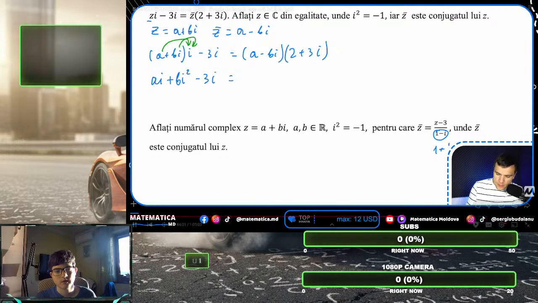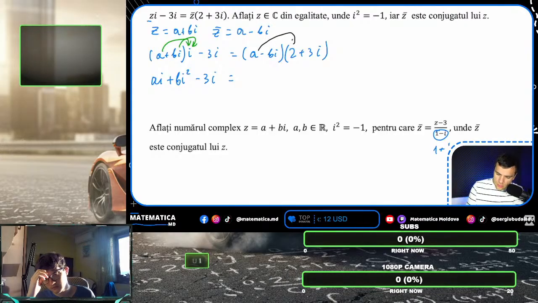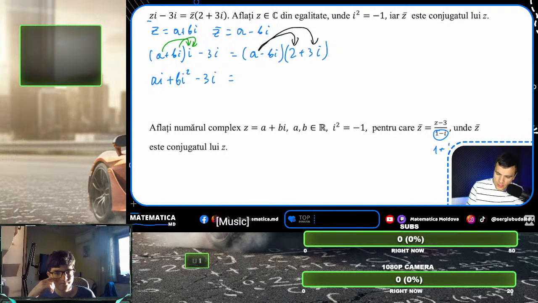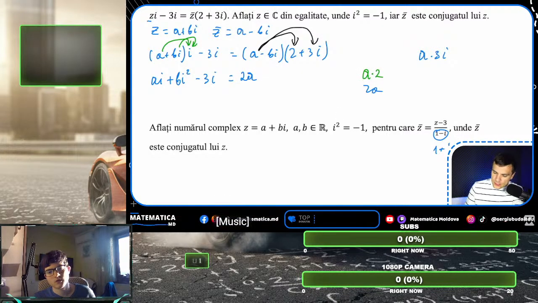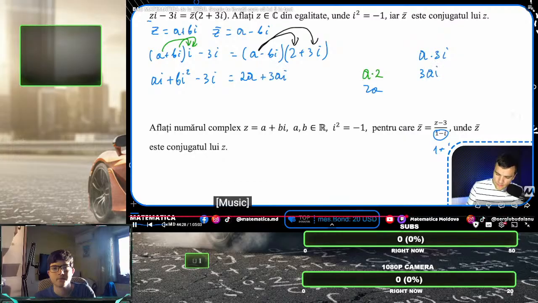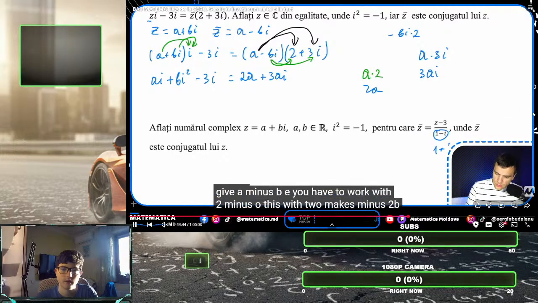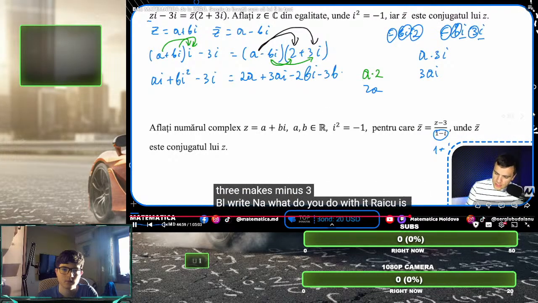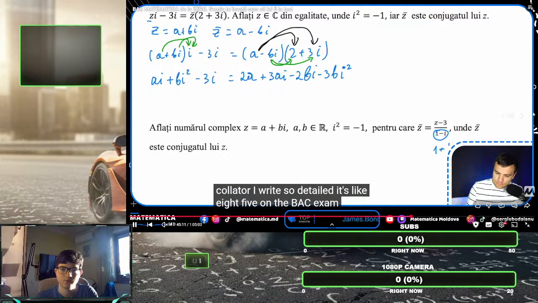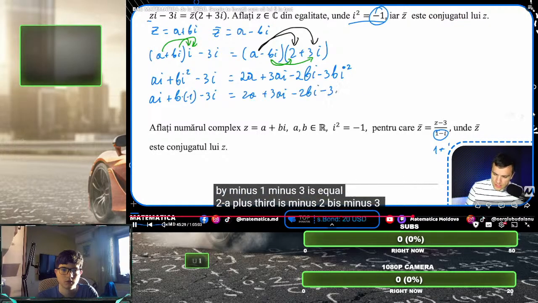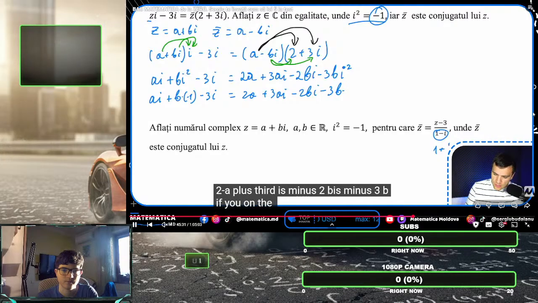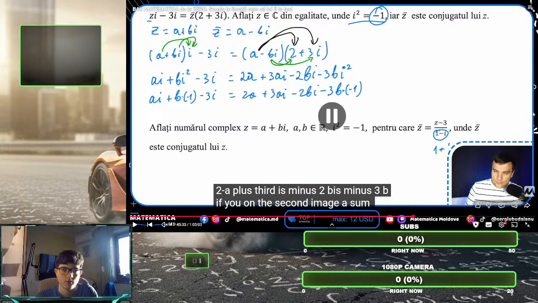Yes, ai and stuff like that. Now here, work it out like before. No issue. 2a and stuff. 3ai. Yeah. Boom. And now what he did is just plugged in the -1.